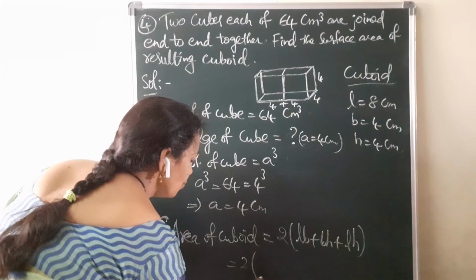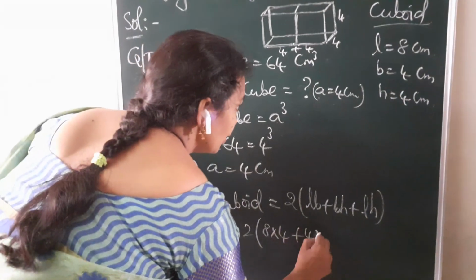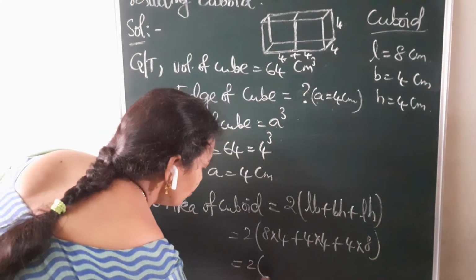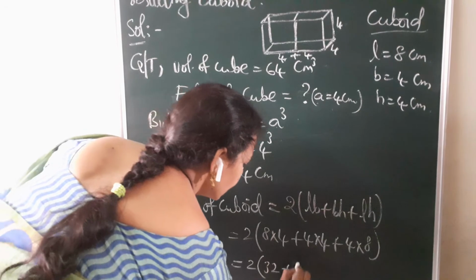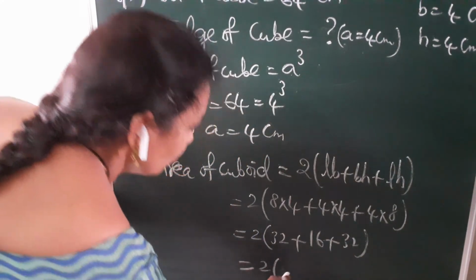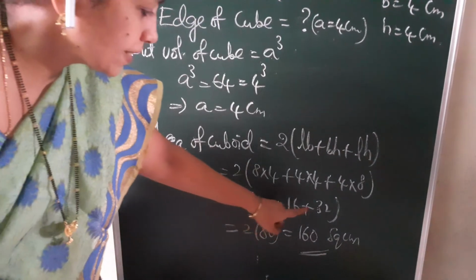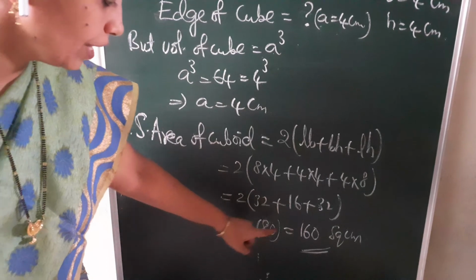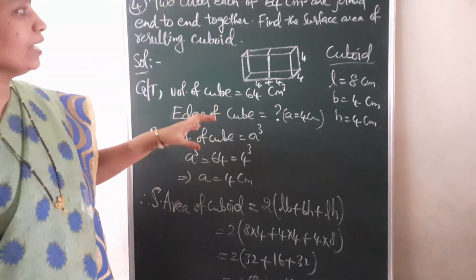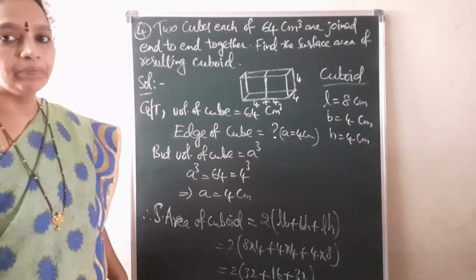That is 2 of 8 into 4 plus 4 into 4 plus 4 into 8, which is 2 of 32 plus 16 plus 32, which is 80. 2 into 80 is 160 square centimeters, the total surface area of the cuboid formed by two cubes whose volume is 64 centimeter cube.